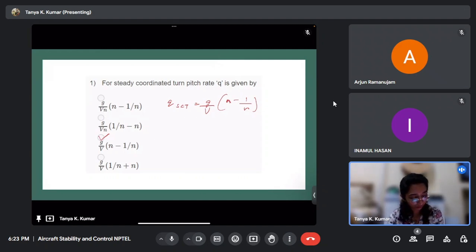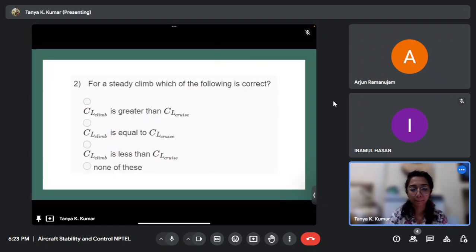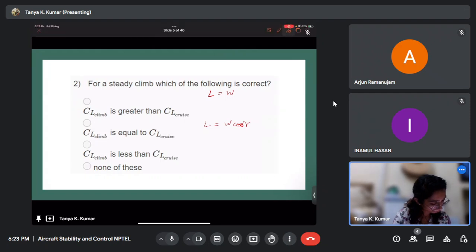Next question, for steady climb, which of the following is correct? CL climb is greater than CL cruise, equal to CL cruise, less than CL cruise, or none of this. So for cruise, lift equals weight, and for climb, lift equals W cos gamma. Lift is half rho V square S CL.